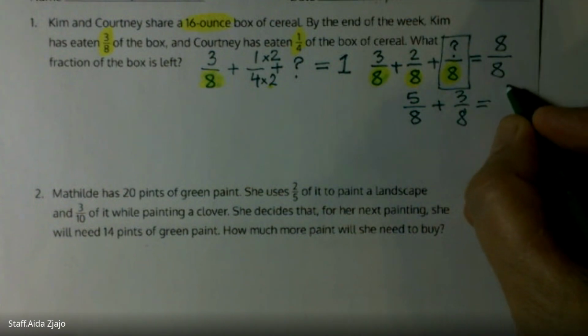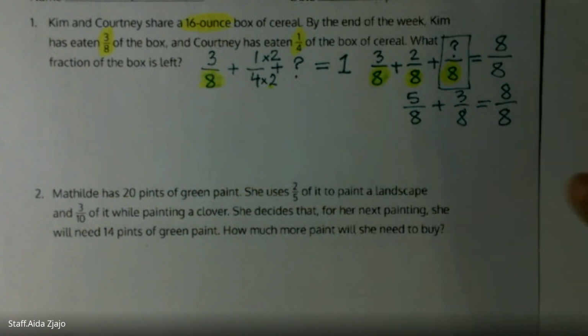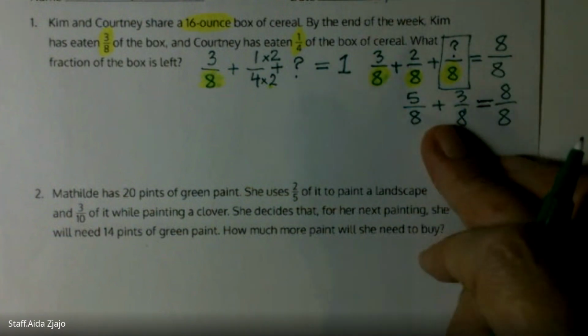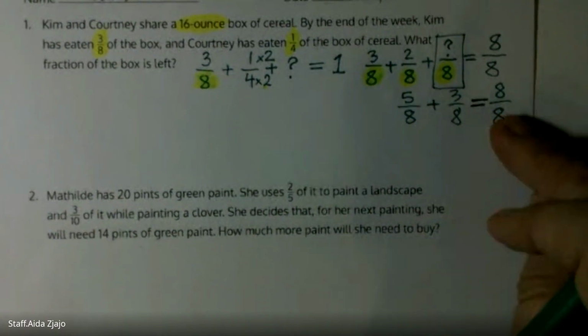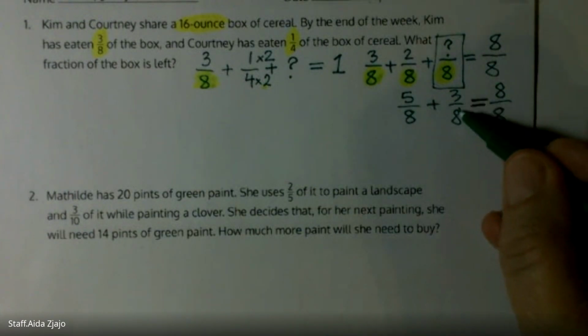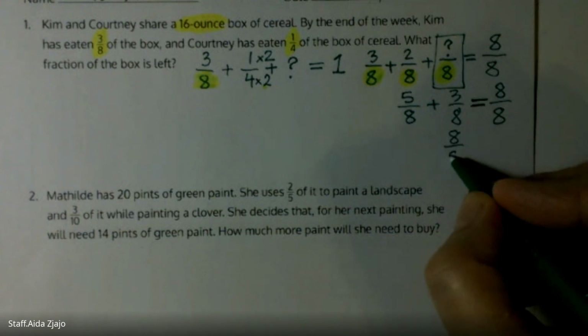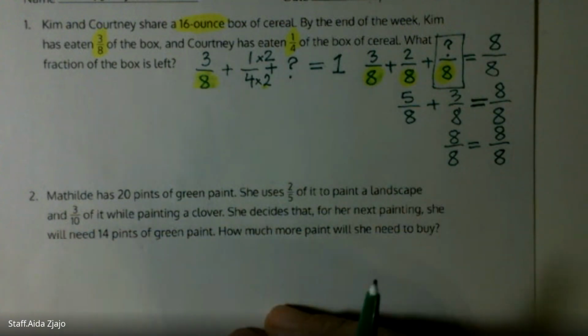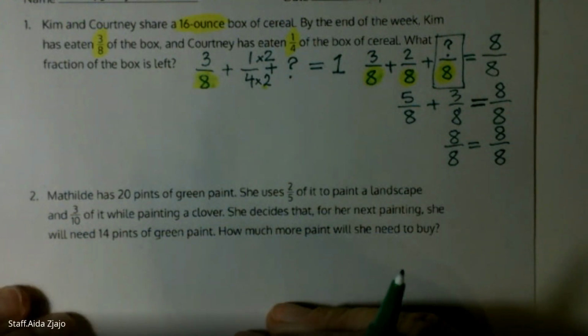Then that will equal 8/8. The equal sign means that one side of the equation has to be equivalent to the other side. So 5/8 and 3/8 makes 8/8. So that is the whole. So now our calculation was correct.